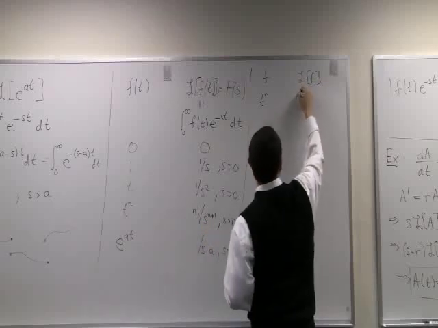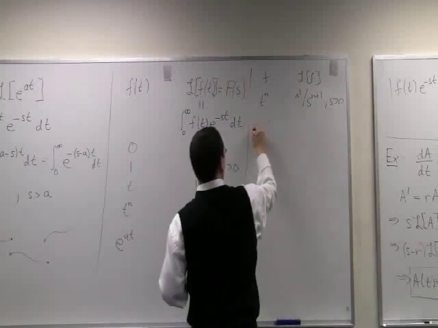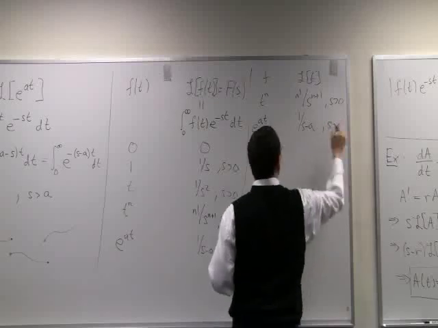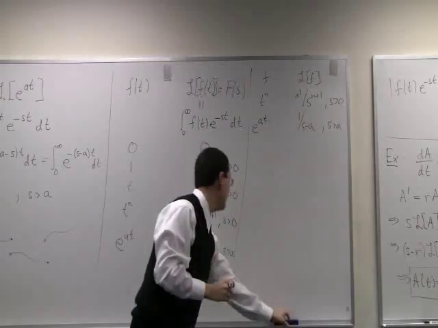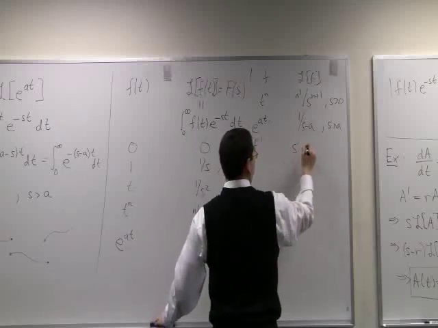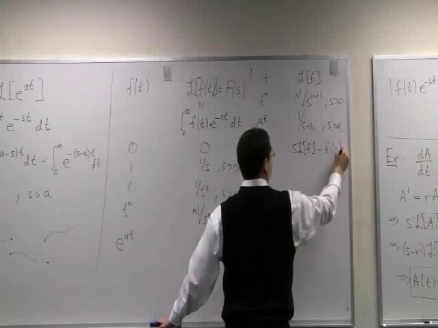It became n factorial over s to the n plus 1. And we know that e to the at becomes 1 over s minus a. Oh, and we also know that f prime becomes s L of f minus f of 0.